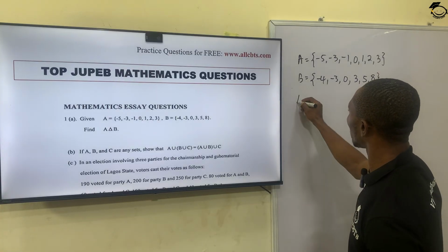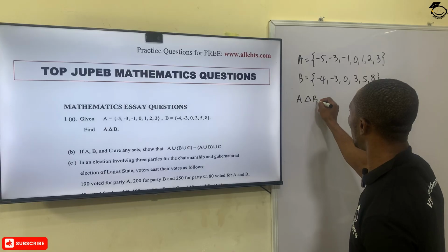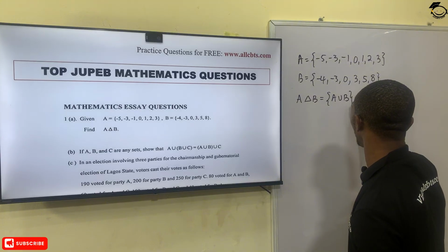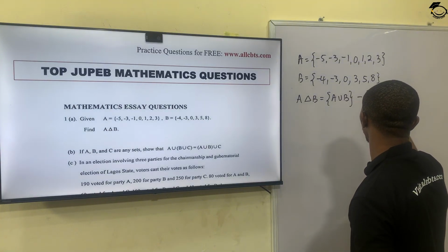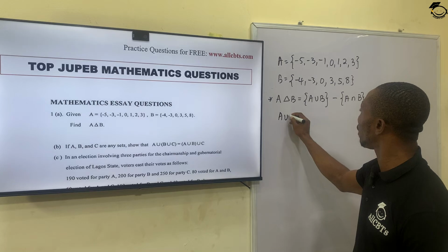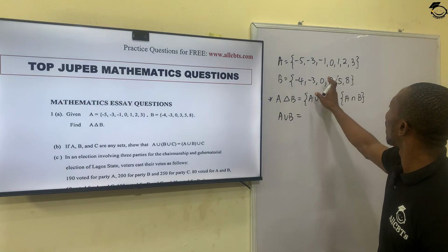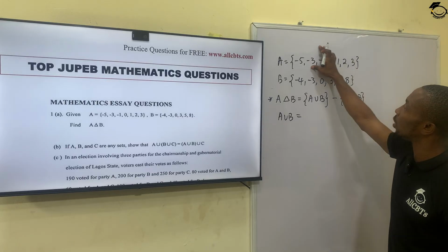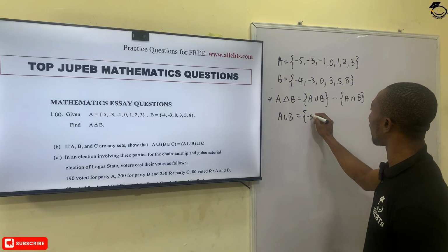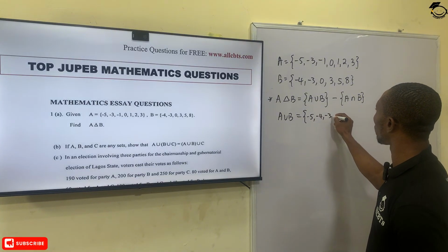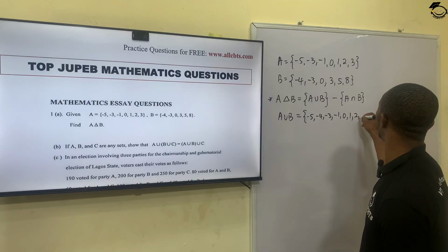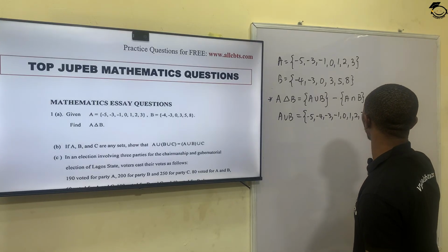To calculate a symmetrical difference between A and B, that would be A union B minus A intersection B. Finding our A union B would be the combination of all the numbers in both sets A and B. So for A union B, we have minus 5, minus 4, minus 3, minus 1, 0, 1, 2, 3, 5, and 8.